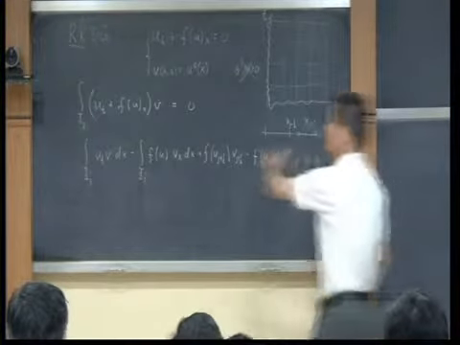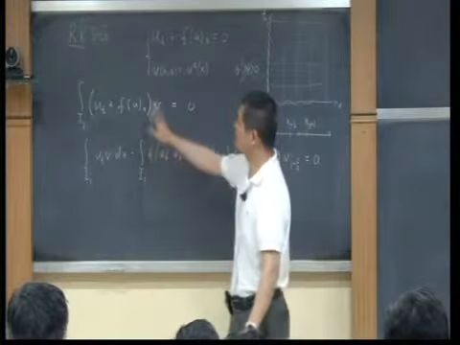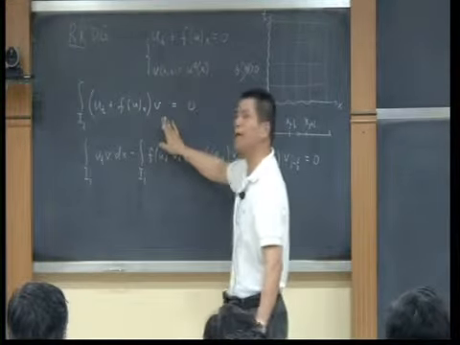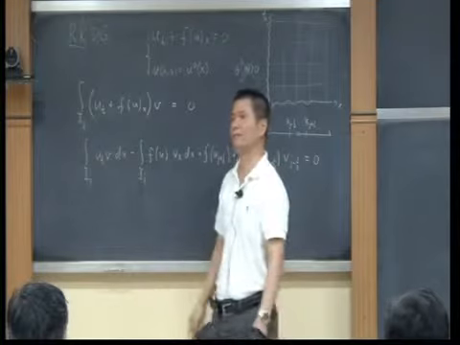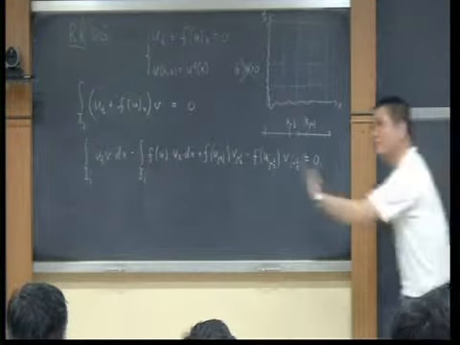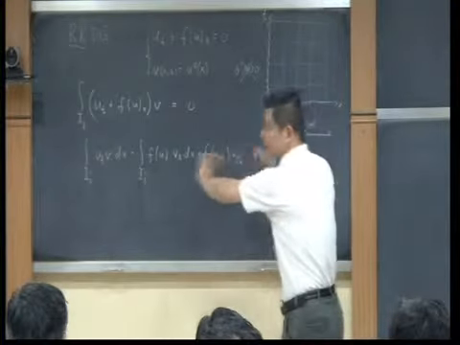So this equality holds for every continuous solution of the original conservation law multiplied by any C1 function v. Right? Okay. So the scheme again comes from this equality.